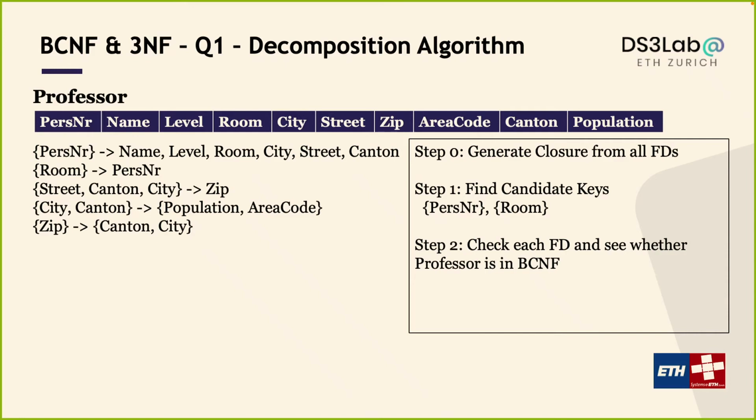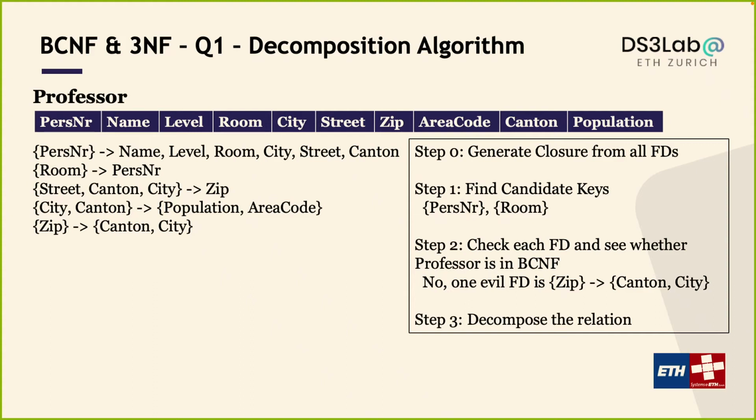So in this case, clearly it's not. There are so many different functional dependencies that violate our condition. But you can pick one of them. For example, zip code deciding country, city is clearly an evil functional dependency that makes the relation not in BCNF. So take that, and then you decompose.